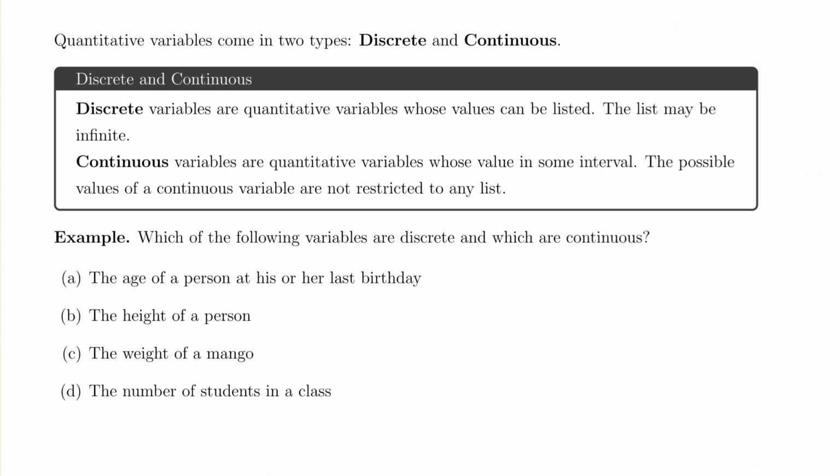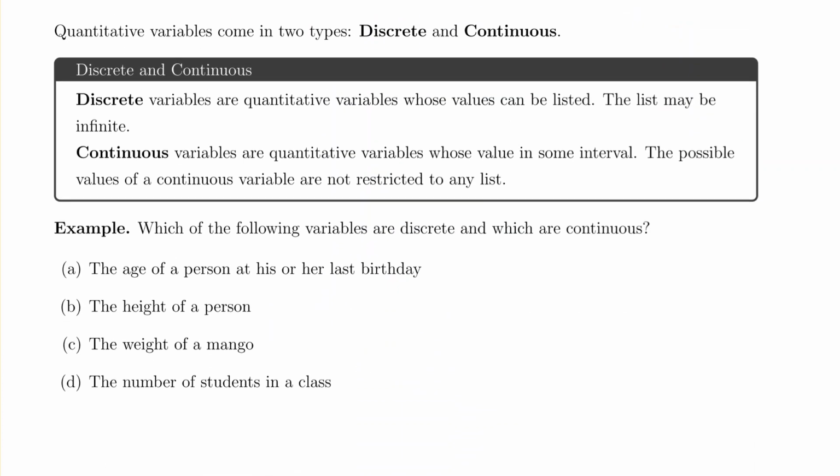For quantitative variables, again, within quantitative variables, there are also two types: discrete and continuous. So discrete variables are quantitative variables whose values can be listed. The list may be infinite, but we can list it or we can count them.